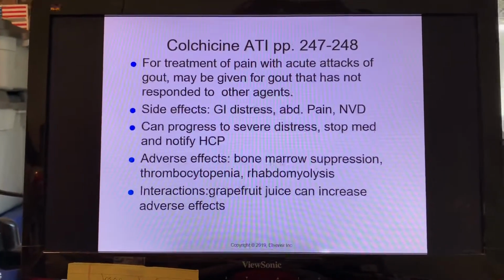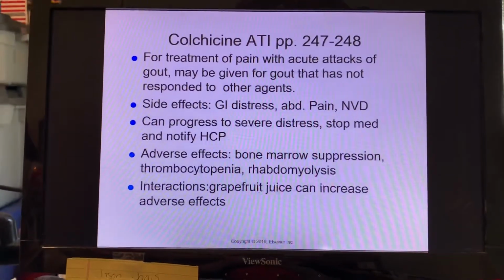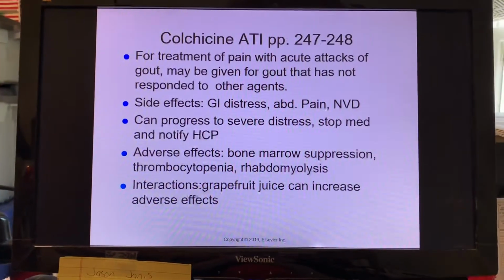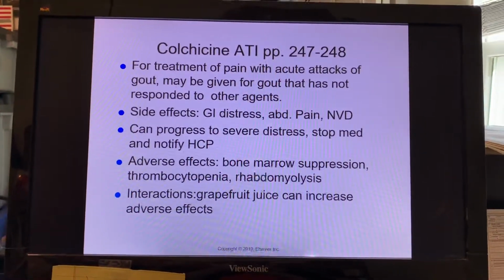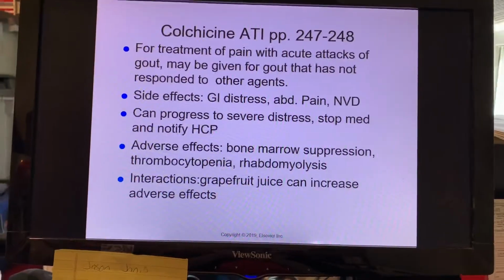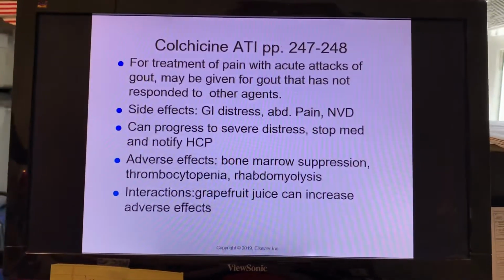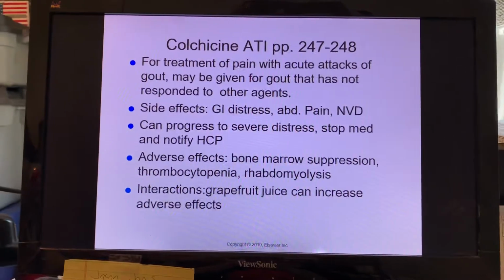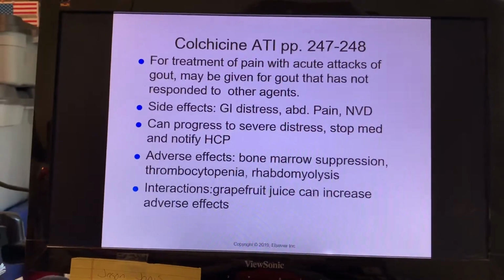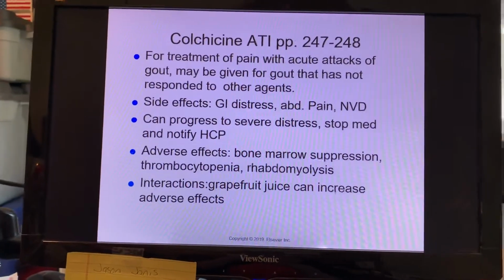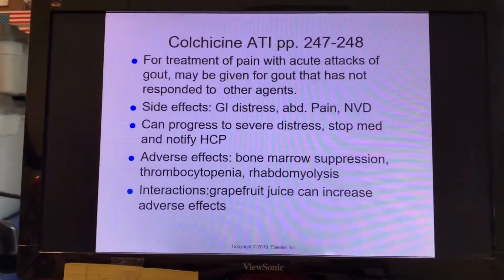It's for treatment of pain with acute attacks. So colchicine is acute. I wish it were AACC, but it's not. It's ACCA. So colchicine is used for acute attacks and can be given for gout that hasn't improved pain-wise with NSAIDs or something similar.